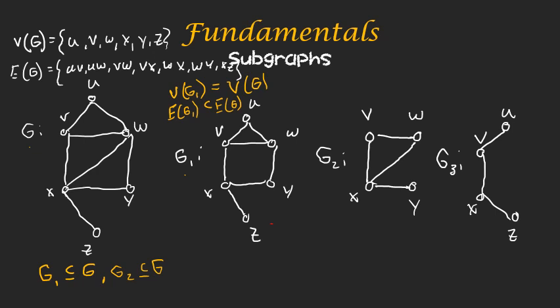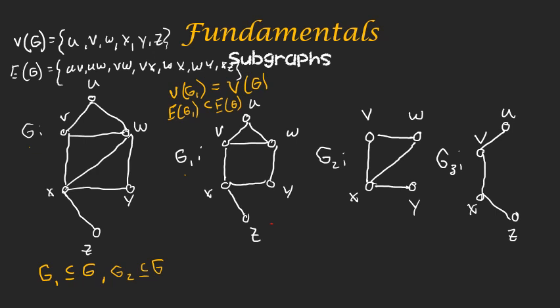Notice here G2 is not a subgraph of G1. So why is G2 not a subgraph of G1? Well, because it has this edge WX in it that G1 does not have.